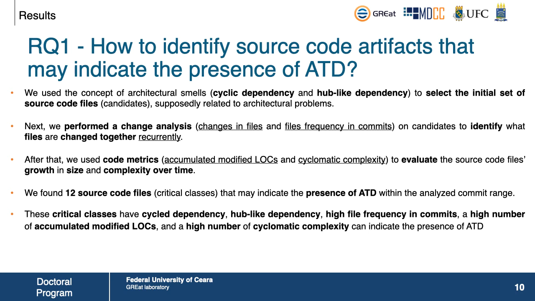Hence, these critical classes have cycle dependence, hub-like dependence, high file frequency in commits, a high number of accumulated modified locks, and high cyclomatic complexity, which can indicate the presence of ATD.